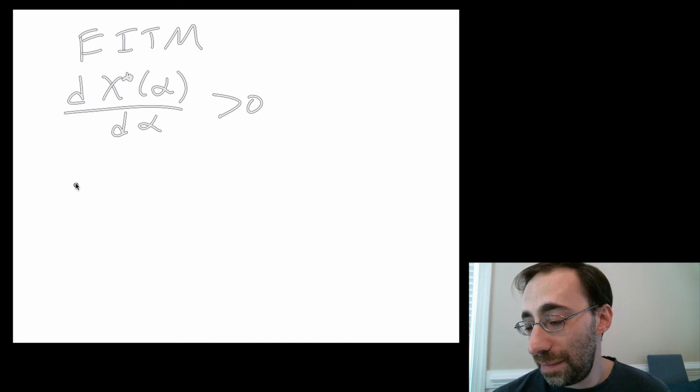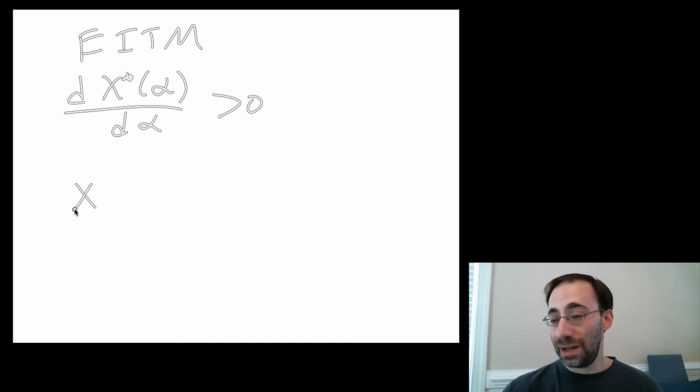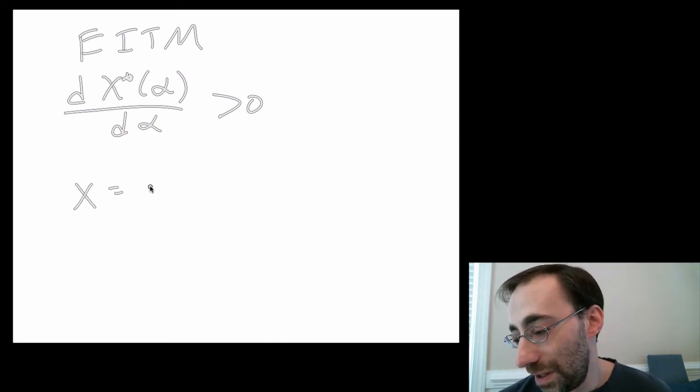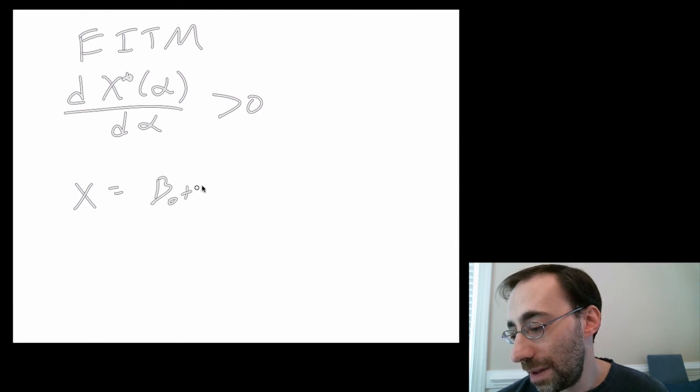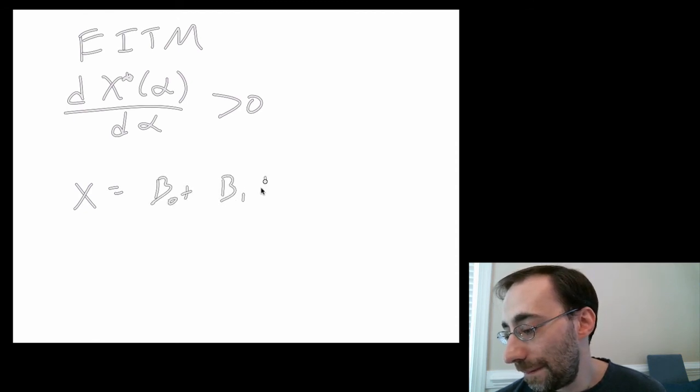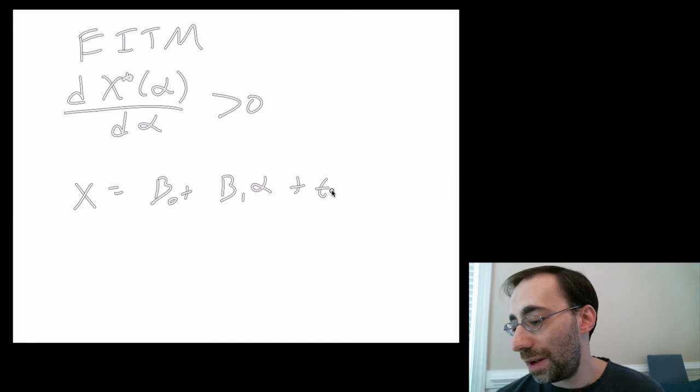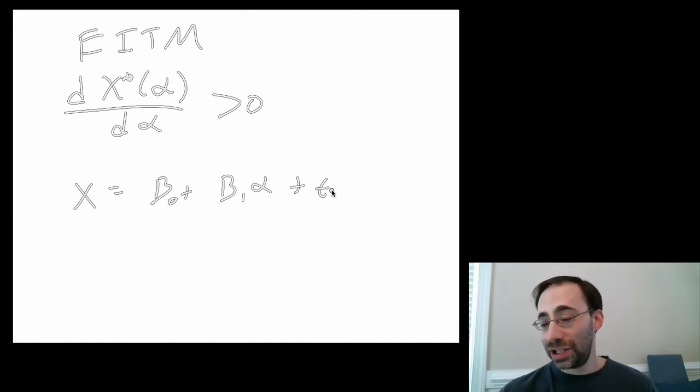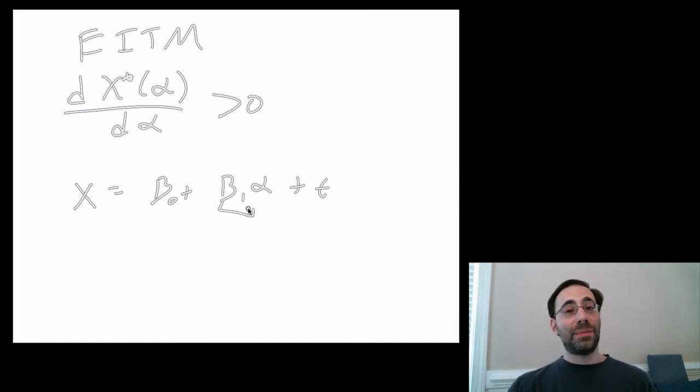Well, I could measure that x on the left-hand side, and say, via linear regression, it looks like that. Here's my linear model. And my expectation is that beta 1 should be significant and positive, that alpha should have a positive effect on x. So that allows you to tie your formal theoretical models to empirics, and comparative statics are central to that endeavor. So that's another reason why this is an important part.